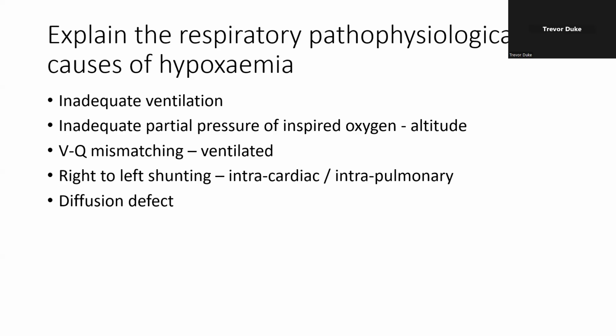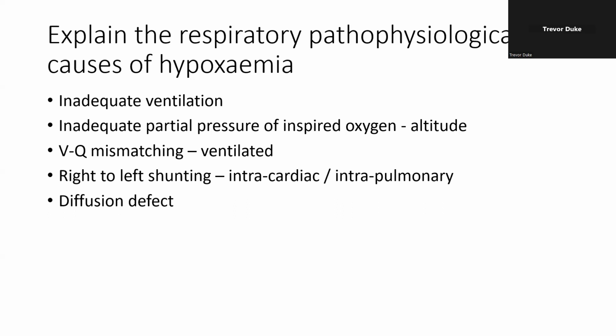On the other hand, there can be ventilation perfusion mismatching if their pulmonary vein, arteries or capillaries have thrombosis, or if there's sluggish flow of blood through them. And for example, if there's a pulmonary embolus, then there may be aerated parts of the lung, but they may not be perfused.